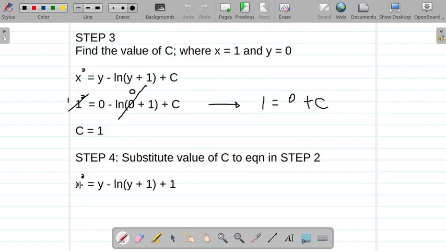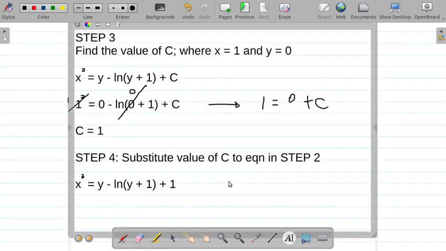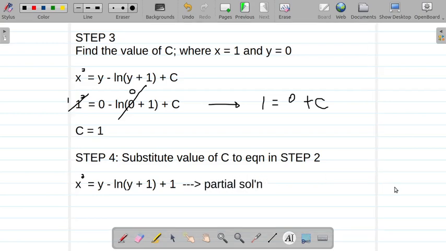So, x squared is equal to y minus ln of y plus 1 plus 1. Then, since we have found the value of c, this equation is called a partial solution, since c is defined.